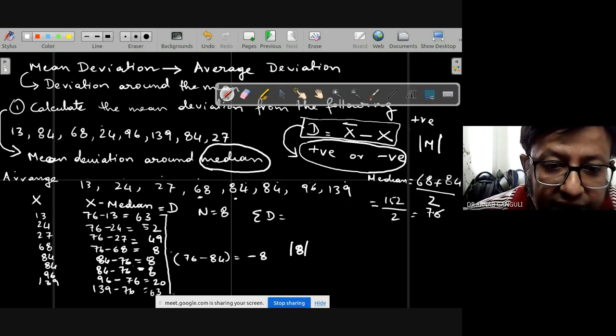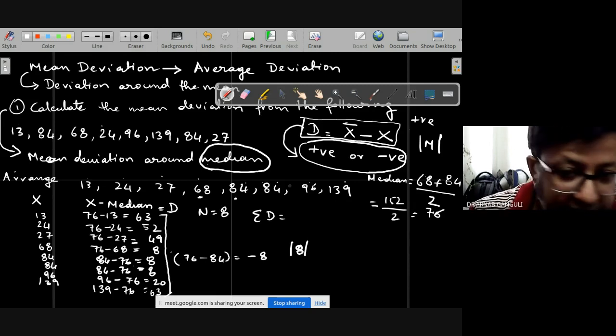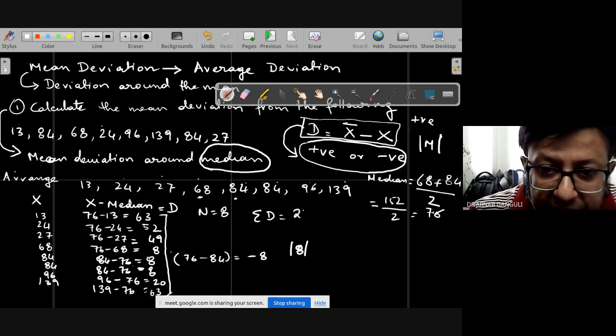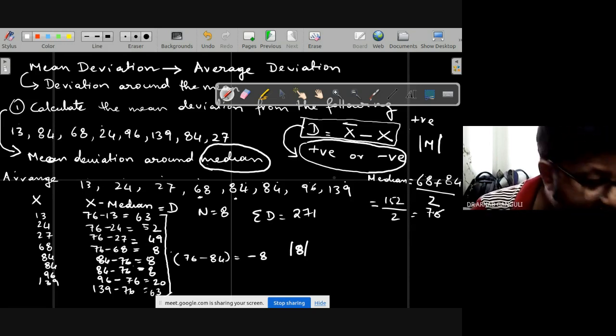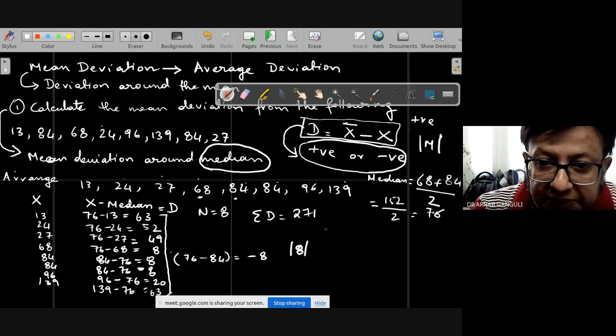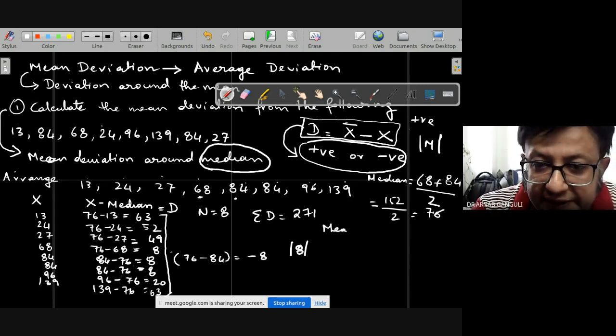If you add all of these together, equal to 271. এক্সেলে বসাচ্ছি আর তুলে দিচ্ছি। আচ্ছা, so what is mean deviation around median?